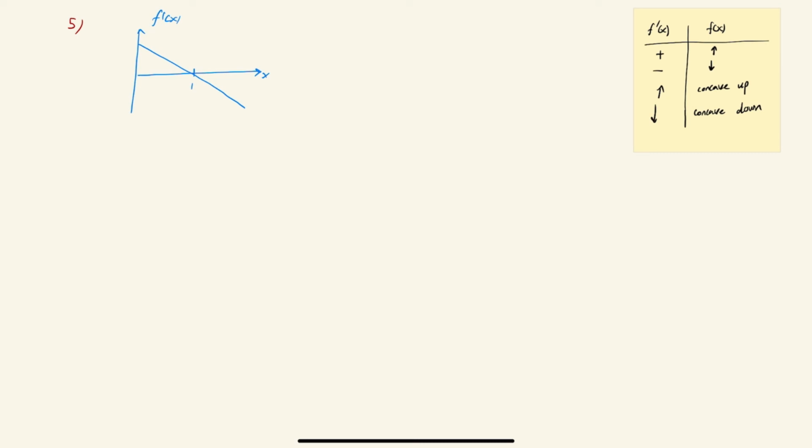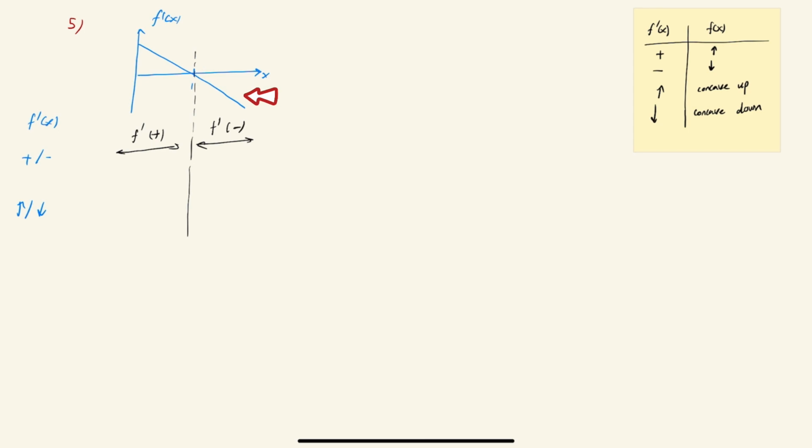For part 5, f prime of x looks like this. Remember, the first step is to determine the behavior of f prime of x, where it's positive, negative, and where it's increasing or decreasing. Here I'm going to split f prime of x into two segments, when x is lower than 1 and when x is higher than 1. Now notice on the first segment, f prime of x is positive since it's above the x-axis.